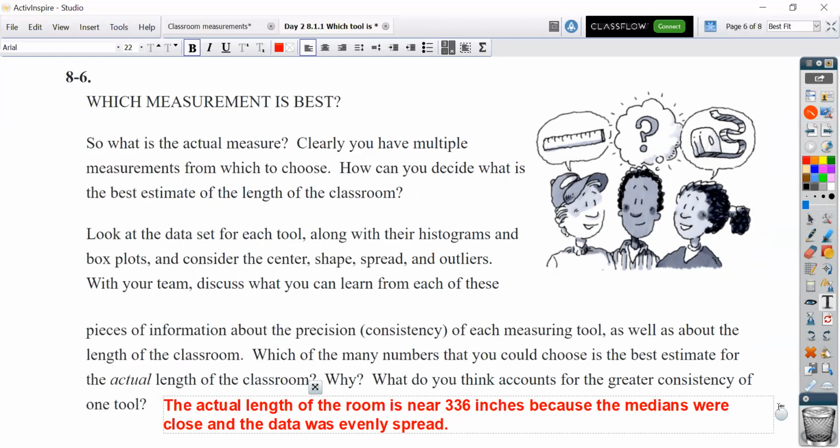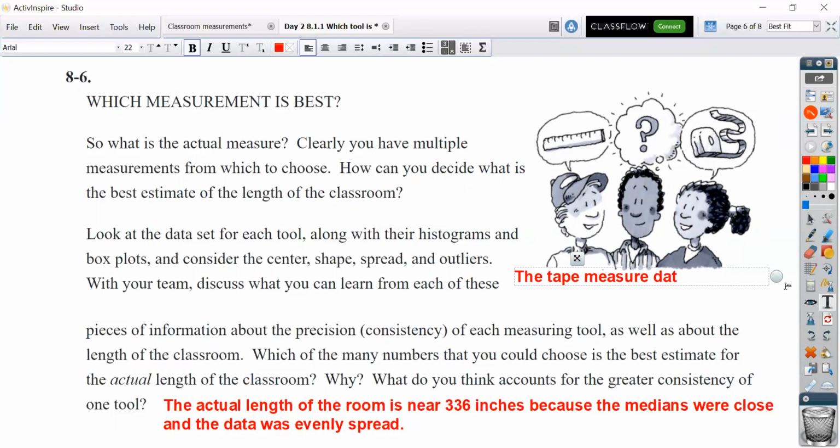They ask you about the consistency of one tool over another. I would say, and I'm going to maybe put this up as a little separate comment up here, let's put a little text box right here to answer that question. The tape measure data was more consistent as shown by the large peak in its histogram.